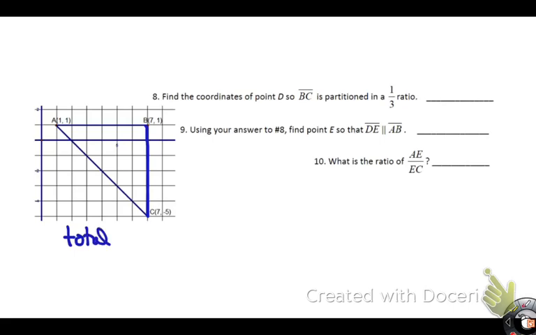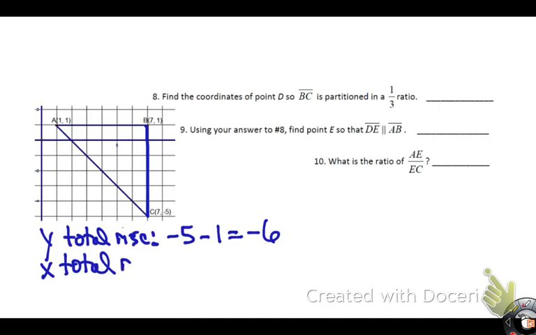Total rise is always the y value. So since we're going from B to C, we're going to do -5 minus 1. And it looks like its total rise is -6. So that makes sense. The total run doesn't look like there's really any change because the x's haven't changed. So we'll go ahead and do it still. So we'll do 7 minus 7, 0.